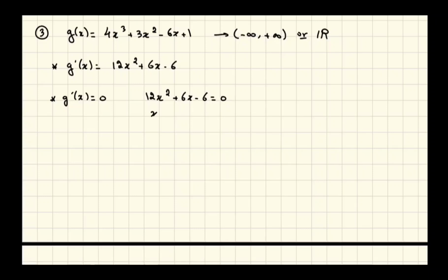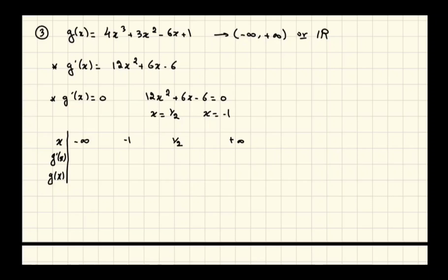Either you factorize or you use a calculator. In this case, we're going to get two values: x equals half and x equals -1. Now please pay attention while doing the table of variations and write the numbers from smallest to largest, because some students tend to do this, half then -1. No, it must be from smallest to largest, otherwise it will be wrong.